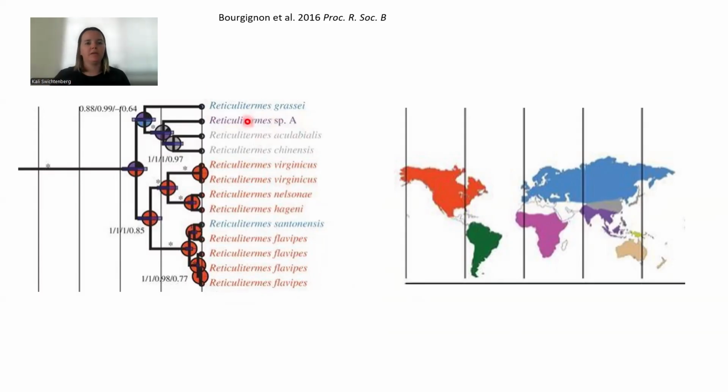Up here in the top, we have Reticulitermes from Europe and Northern Asia, and also from Southern Asia and Central Asia. And then here in this bottom clade, we have Reticulitermes mainly from North America, with one instance from Europe.